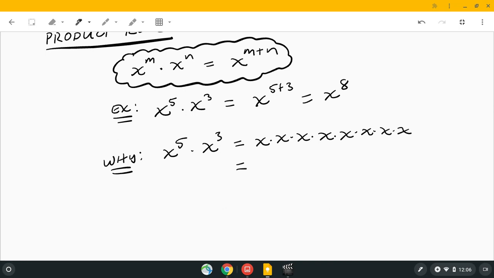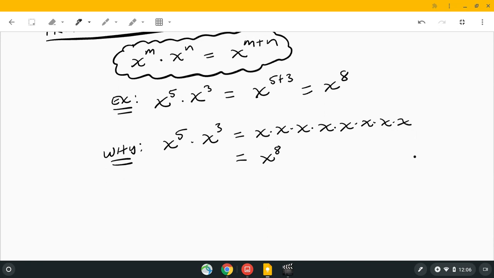Well, all of this here is just repeated multiplication, and we know we can write repeated multiplication using exponents. And here we see that the x repeats 5 plus 3, 8 times. Okay, and so that's why we have this rule here.